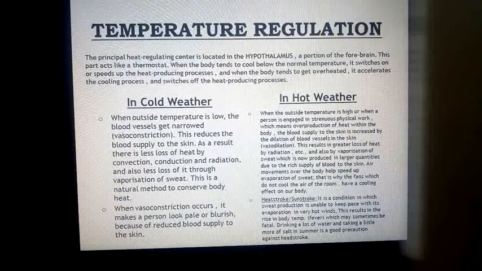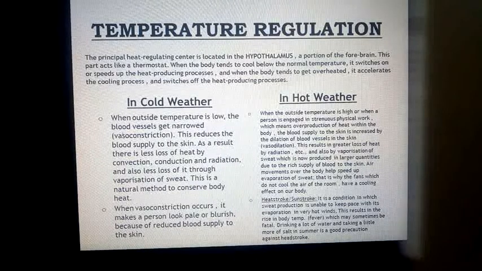In cold weather, what will happen? Let us see. When outside temperature is very low, the blood vessels get narrowed. That is called vasoconstriction. Constriction means becoming narrow. This reduces the blood supply to the skin. As a result, there is less loss of heat by convection, conduction and radiation, and also less loss of heat through the vaporization of sweat.